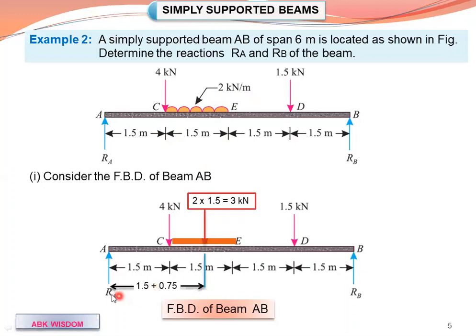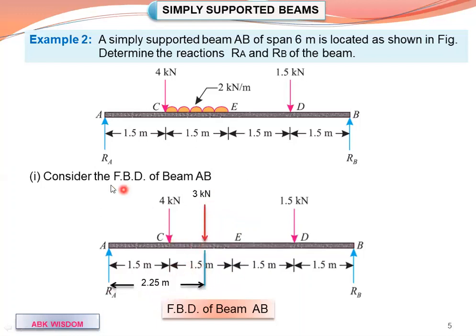Therefore, from support A, it will be 1.5 meters plus 0.75 meters. So our free body diagram will have 3 point loads, 4 kilonewton, 3 kilonewton and 1.5 kilonewton, where the converted point load from the UDL is acting at a distance of 2.25.